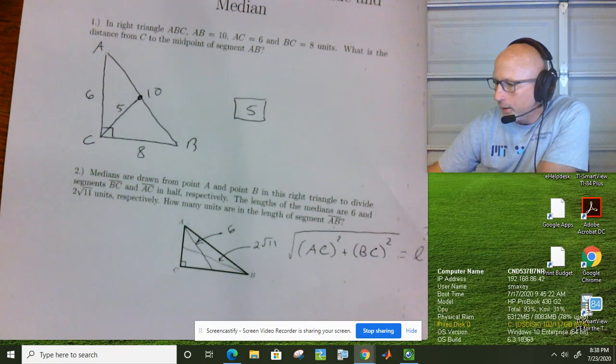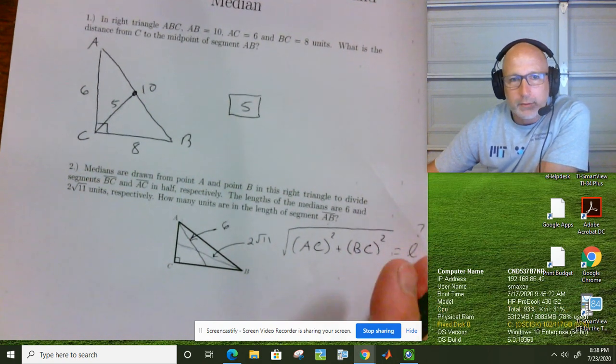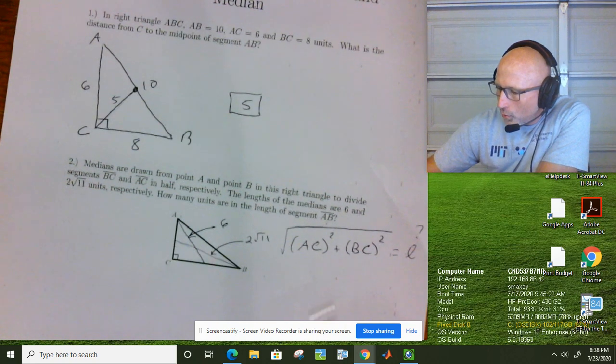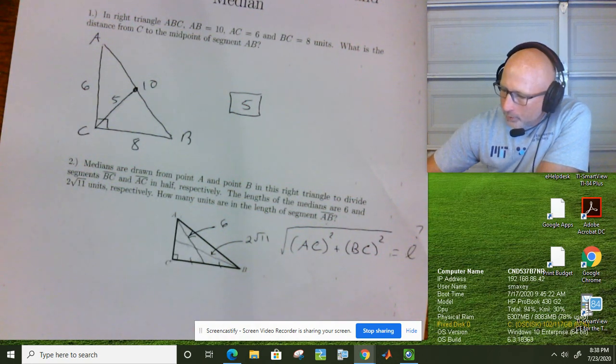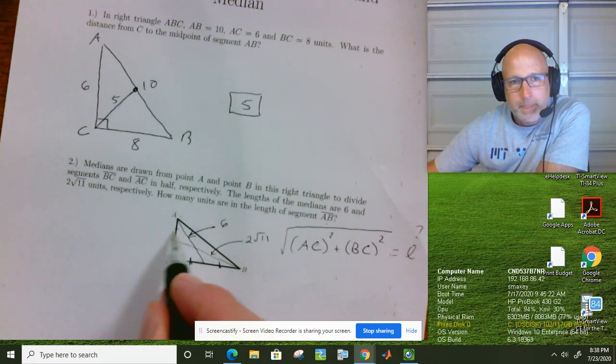So how are we going to do this? What's nice about this is you don't actually know what this length is right here, otherwise I'd be done with this problem. But you do know that this is a median, and so it cuts it in half. So this length will be equal to this length, and this length will be equal to that length.